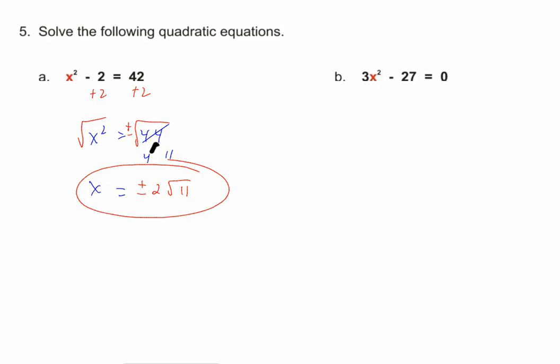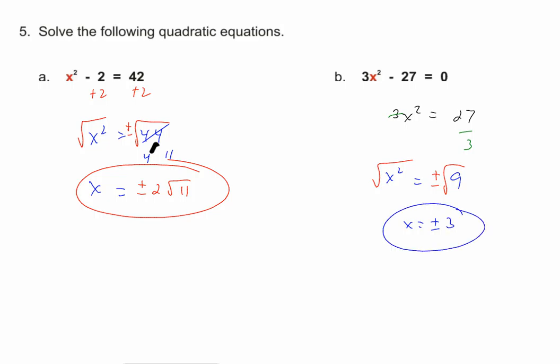I can solve it by taking roots. Go ahead and set it up to take roots.